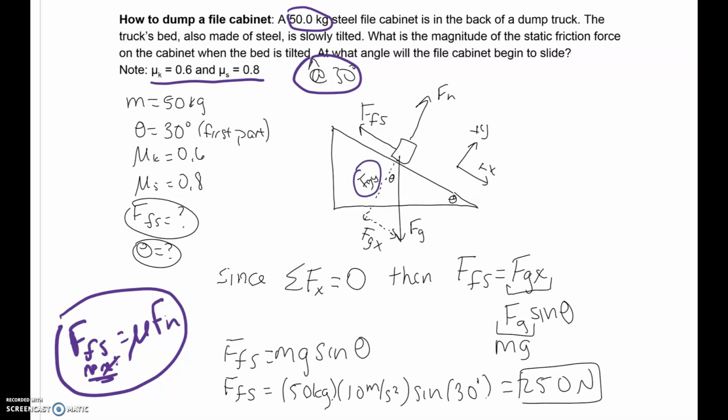Looking at our right triangle that we've drawn, the y component of the gravitational force is going to be the hypotenuse of our triangle times cosine of theta, since this leg is the adjacent leg of my triangle, with my angle being there in that corner.